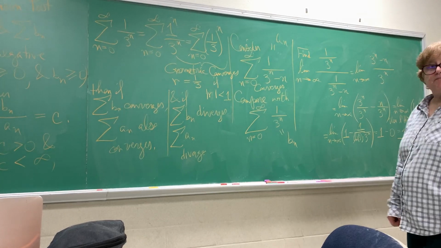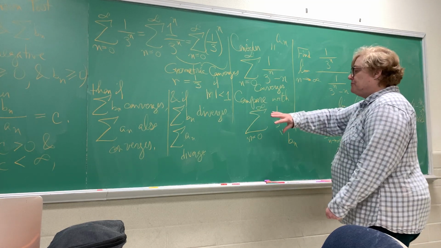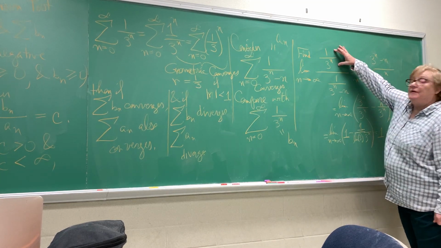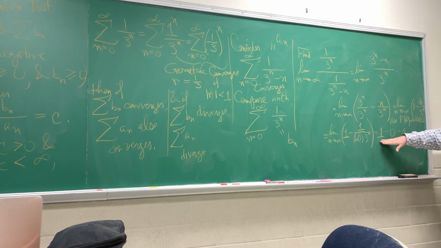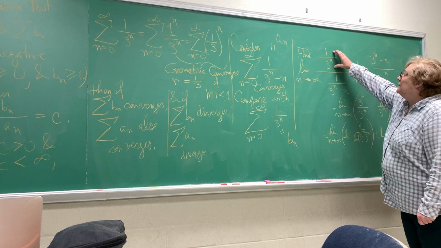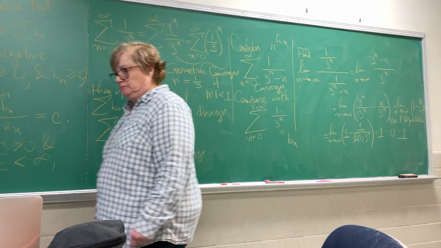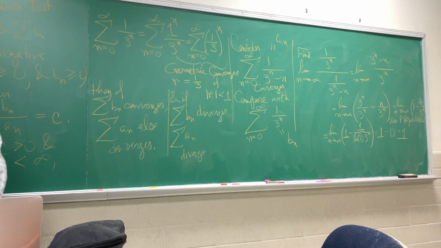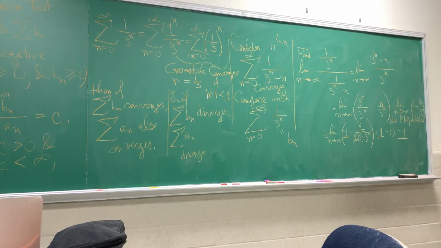So since the geometric converges, and we can compare the geometric to our original, we put the geometric one that we know about in the numerator, and the overall thing came out to a value that was positive and less than infinity, then the behavior of the top controls the behavior of the bottom. So top controls bottom, and they converge.